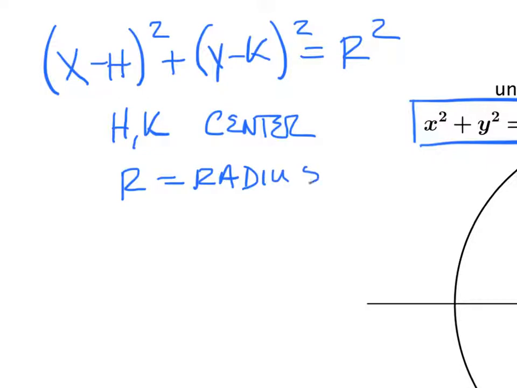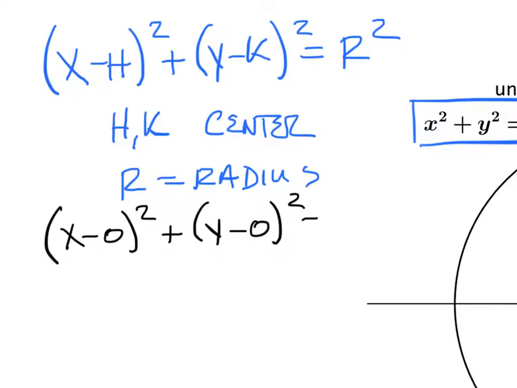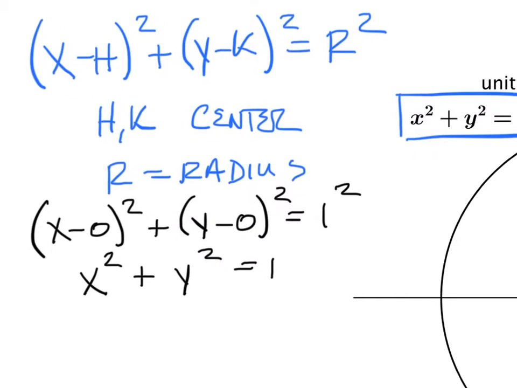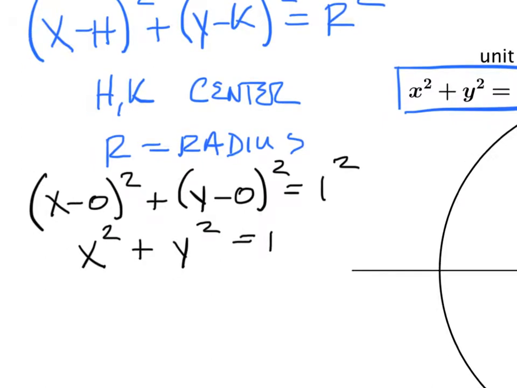So notice in x squared plus y squared equals 1 that the center is 0, 0: x minus 0, y minus 0, and then you have a radius of 1. If you square that, it's still 1. Is there any need to write x minus 0? You don't have to write anything minus 0, so that's why they only have x squared plus y squared equals 1. That is the unit circle.